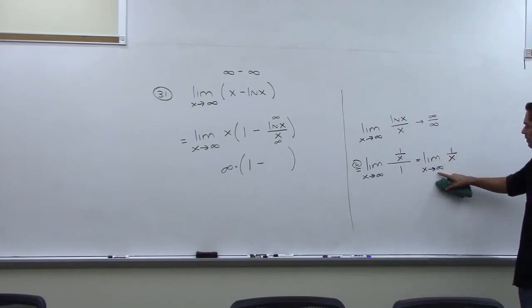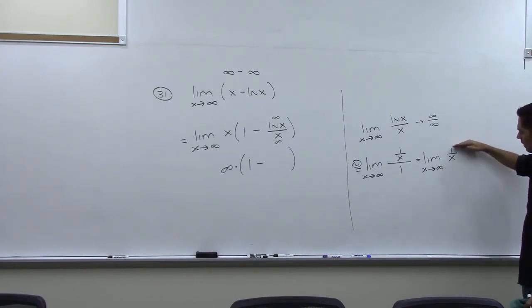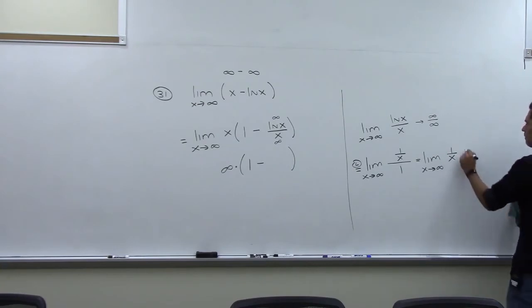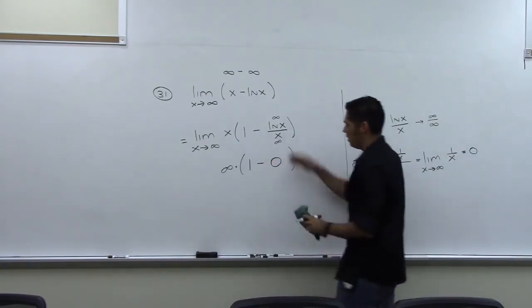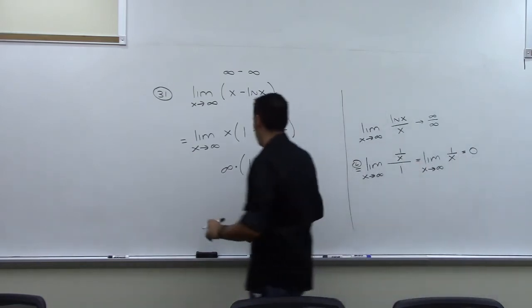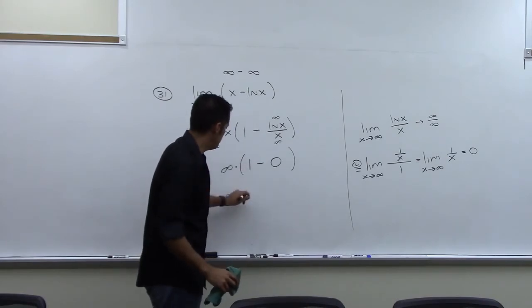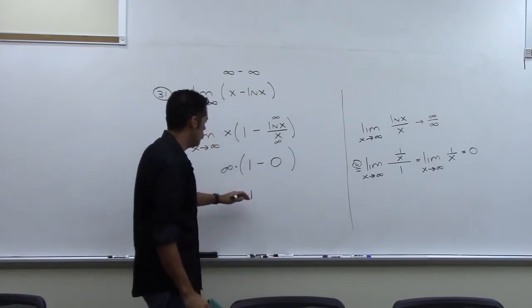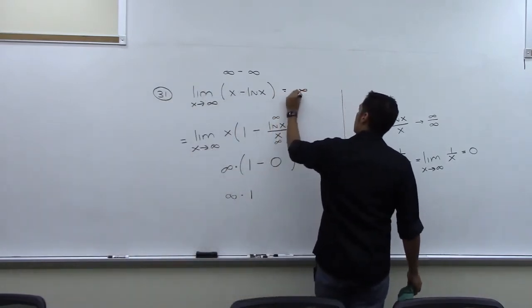And as x goes to infinity, this gets big, the numerator stays the same, so you have a fixed number over infinity, that goes to 0. This goes to 0, so that goes to 0. We know that this limit goes to 0. And what happens here is you get infinity times 1 minus 0 is 1. Infinity times 1 is just infinity. So this limit is infinite.